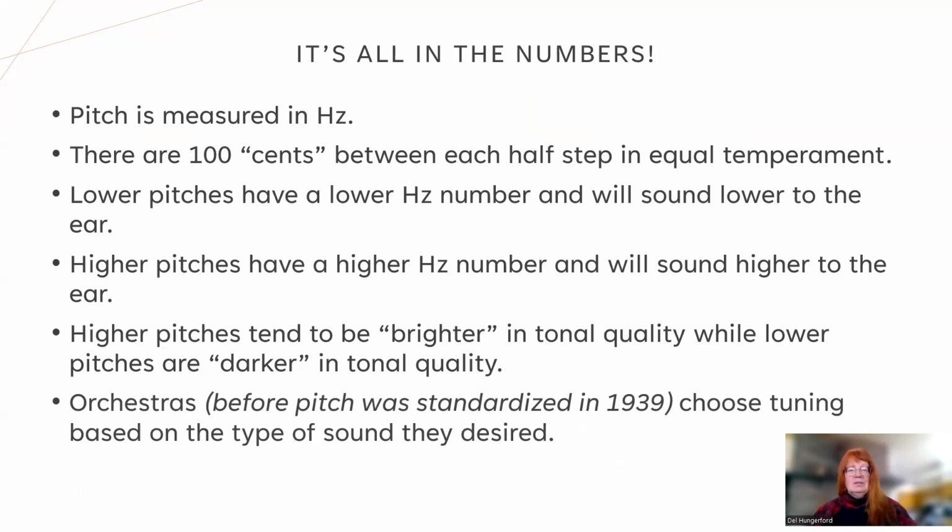And before orchestras had a standardization, they were choosing to use tuning based on the type of sound that they desired. For example, you could be in France, you could be in Germany, you could go to Italy, and they would all have a different method of tuning.